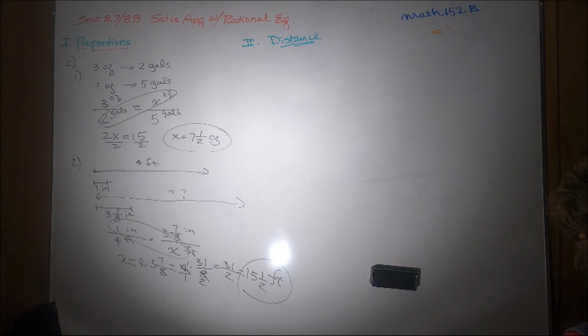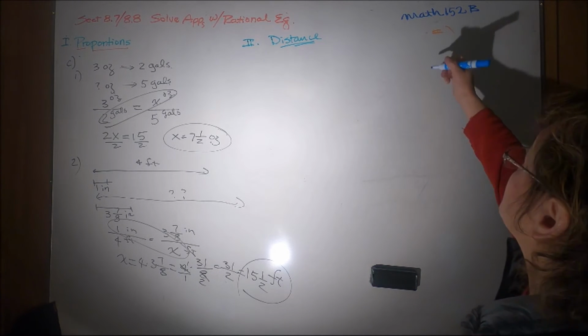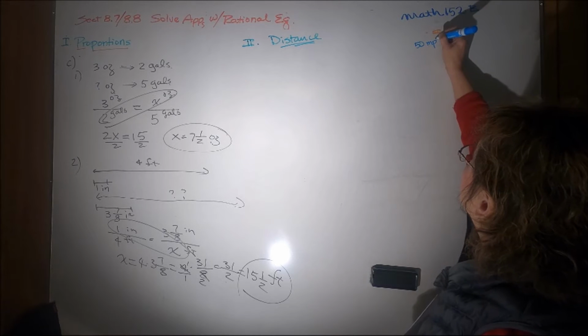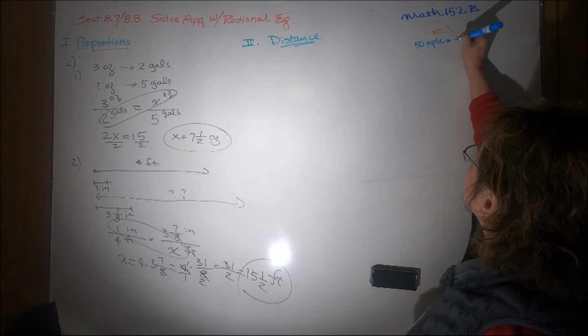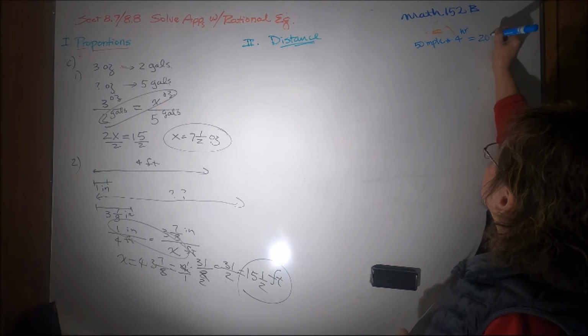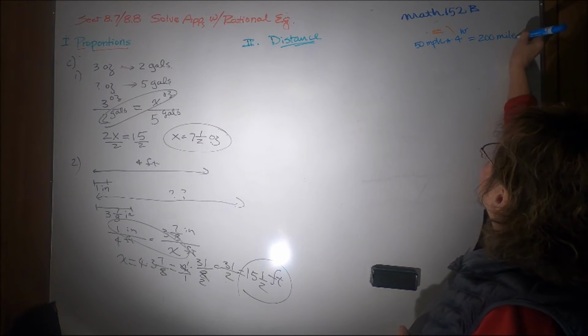So, if you travel to San Francisco, if you drive, say, 50 miles per hour for 4 hours, how far did you drive? 200 miles, right?